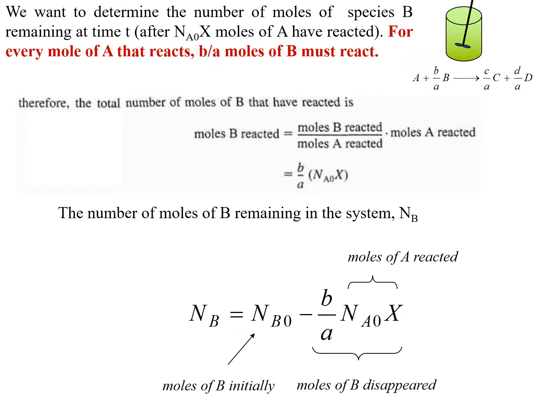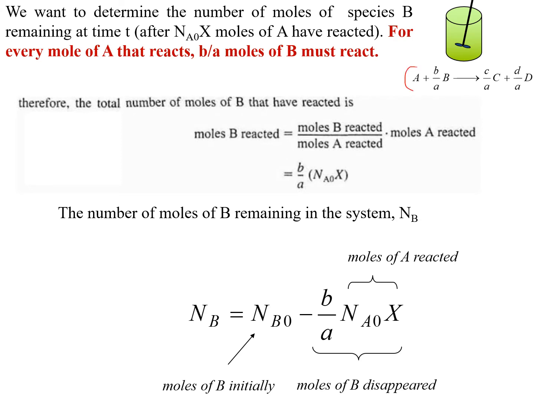But in terms of the number of moles, we want to determine the number of moles of species B remaining at time T after Na naught X moles of A have reacted. For every mole of A that reacts, B over A moles of B must react. So how do we know the moles of B reacted? You have to relate it to the moles of A reacted.